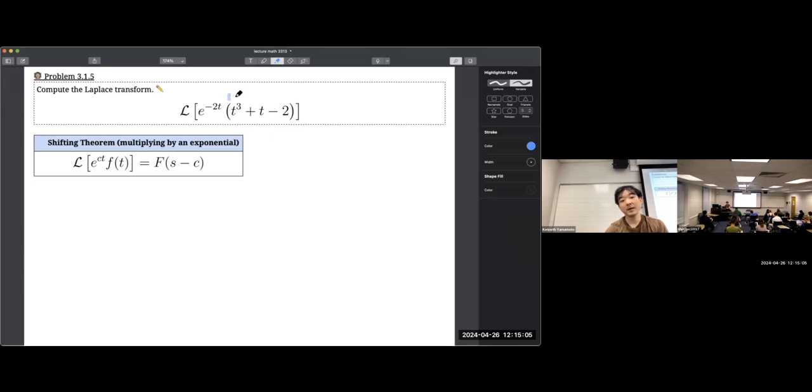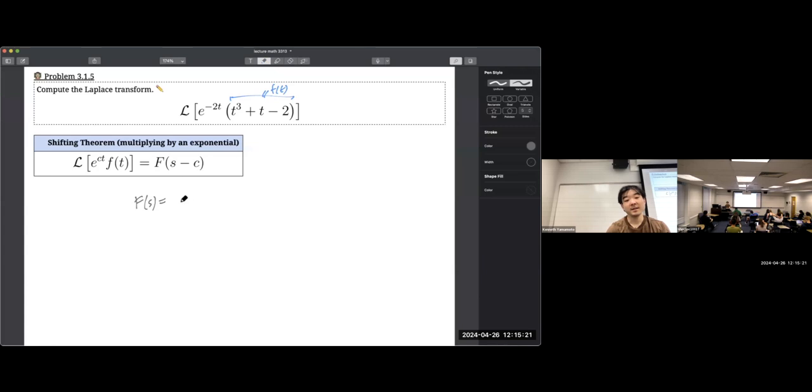So of course, this right here, this is your f of t function. You have all this exponential being multiplied to this guy. So you'll have to take the Laplace transform of this, but you know from linearity that you just have to take the Laplace transform of each entry.